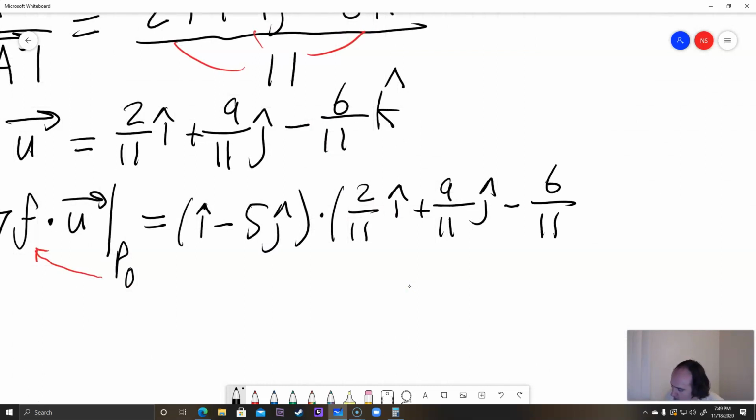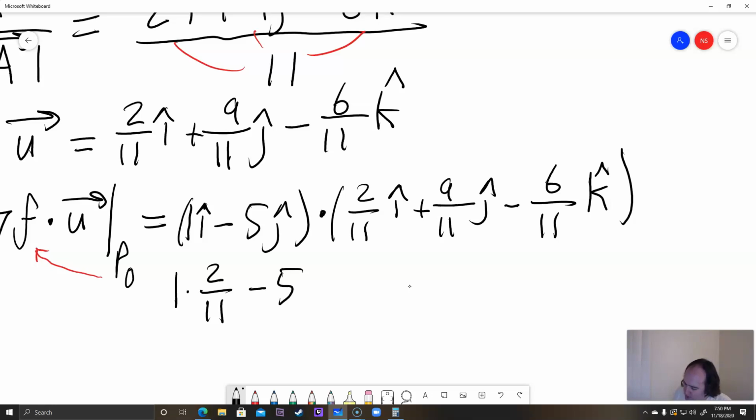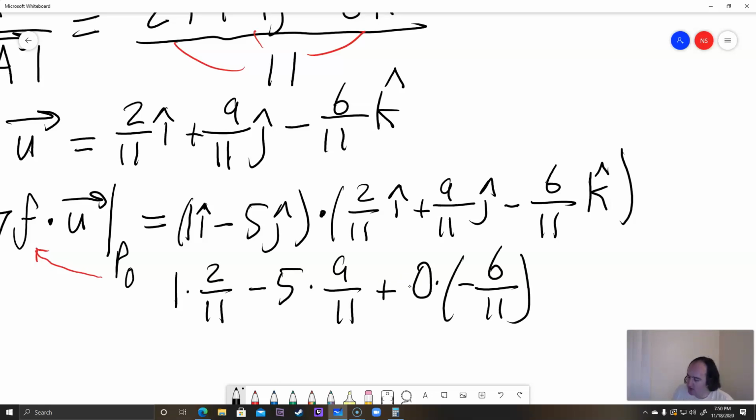Remember, when you're taking a dot product, all you do is multiply each component and then add them all up. So the first component is 1, so it's 1 times 2 over 11, then minus 5 times 9 over 11, and then plus 0 times negative 6 over 11. Because if you don't write the third coordinate k here, it's automatically 0.